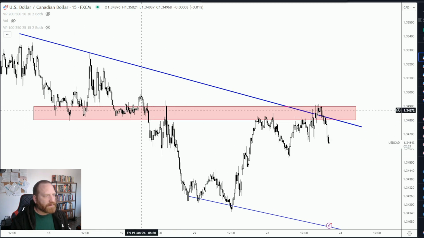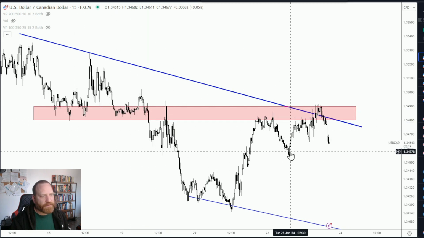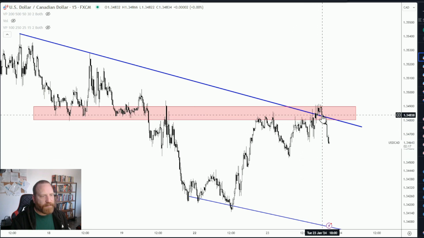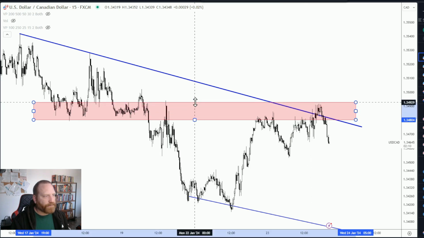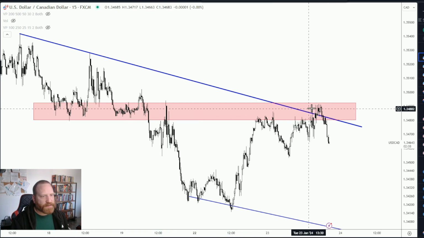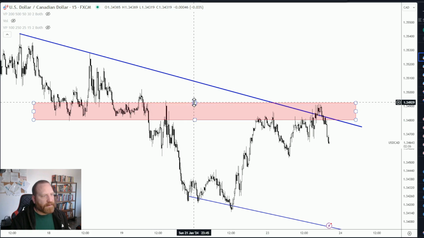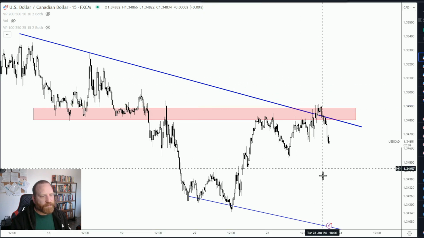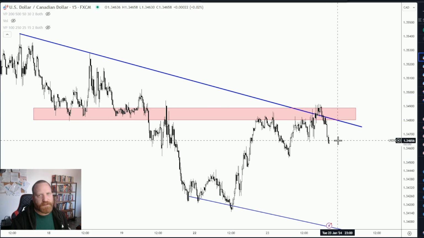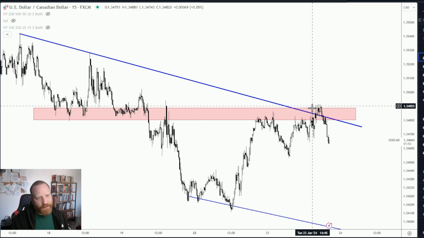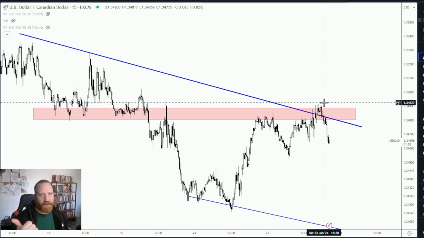Price tested this resistance and then got rejected, and then came back because it needed to test this again with a mixture of this resistance zone here. And then it did what I love for price to do, which is to go above a resistance or support and then get rejected right away, because then I know that there are people stuck long.